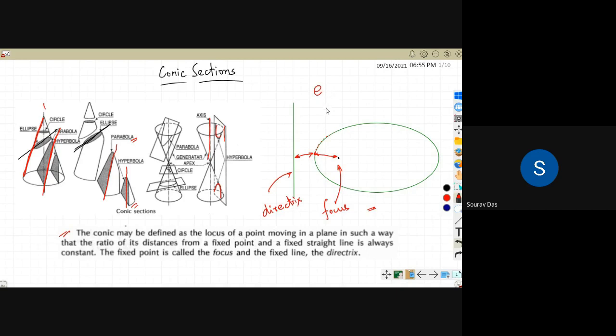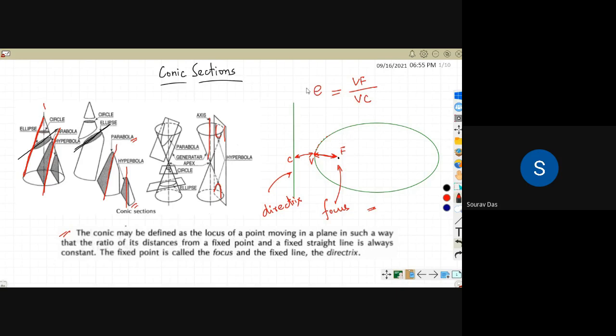Say this point is V, the vertex of the ellipse, this is the focus F, and this is point C. Then eccentricity E will be equal to the distance of the point from the focus, VF, divided by VC, the distance of the point to the directrix.